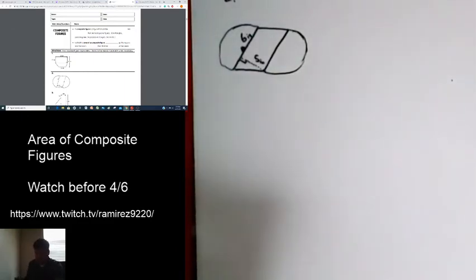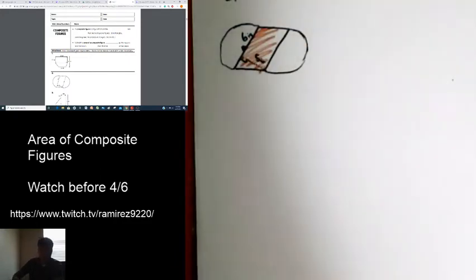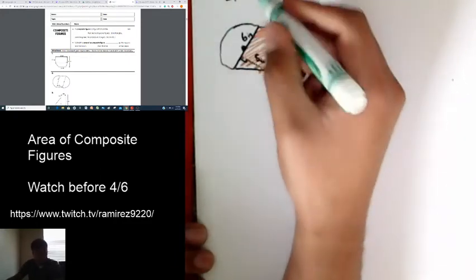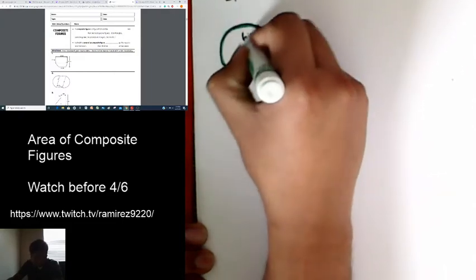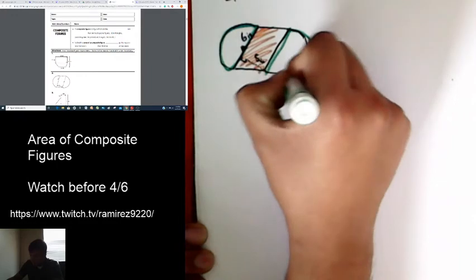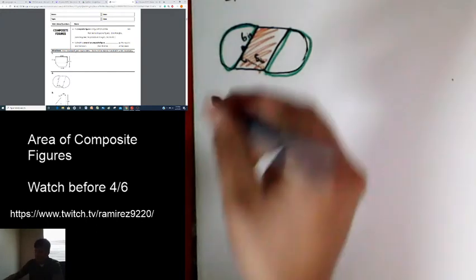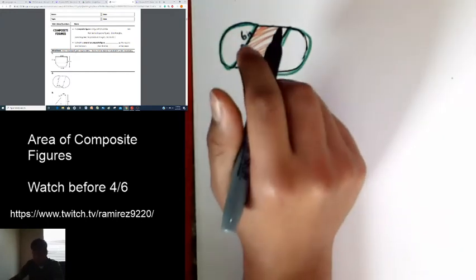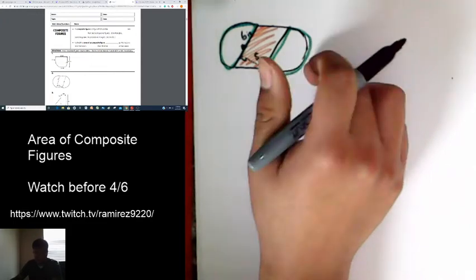Again, you need to see the different shapes. Here we have our parallelogram, and we have our semicircles. It is important to note that these two are exactly the same thing, they're just separated. Even though they're two halves, in the end it's just one circle.